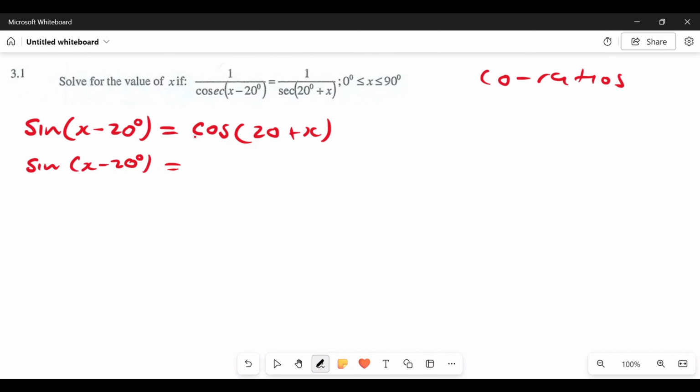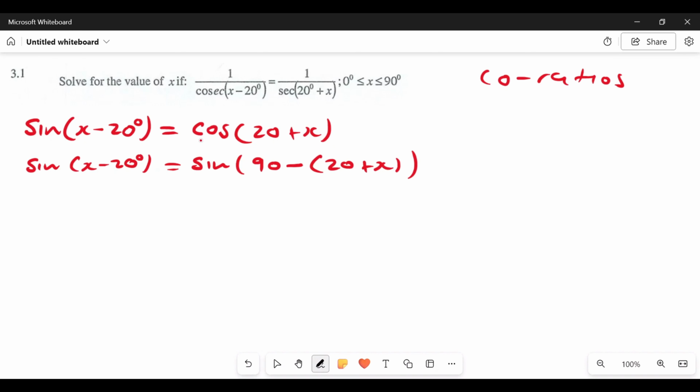When you find the co-ratio of cos, open bracket, 20 degrees plus x, close bracket, it's going to be sine of 90 minus, open bracket, 20 degrees plus x, close bracket. Let me explain this very quickly.